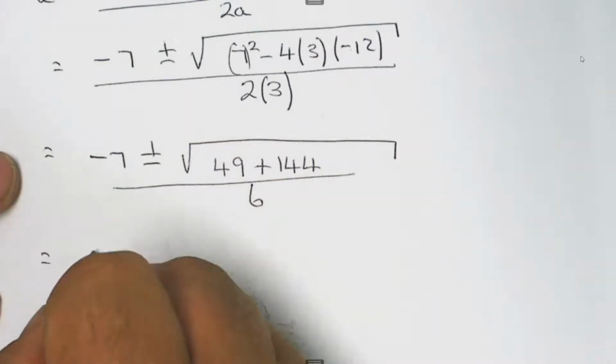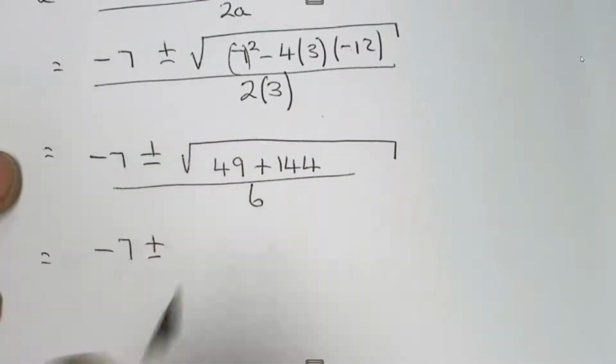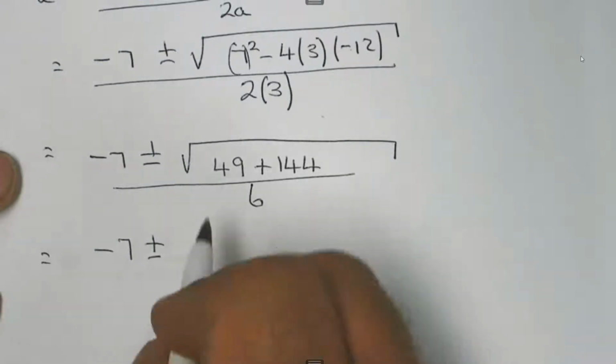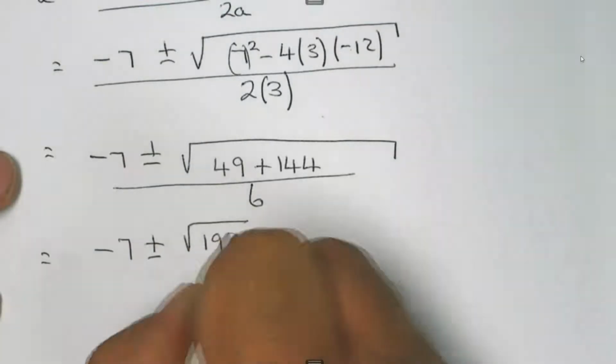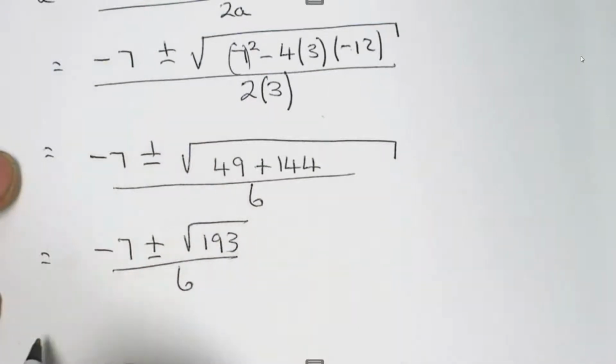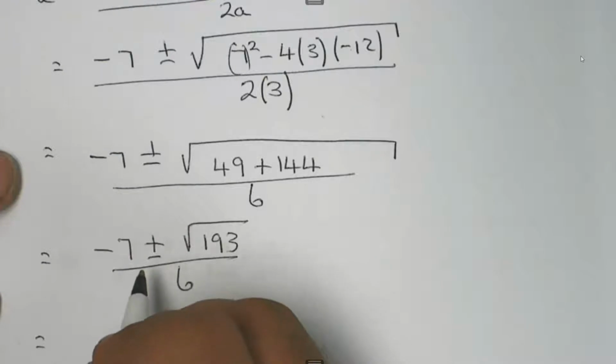So it becomes negative 7 plus minus 144 plus 49 equals 193. So it becomes the square root of 193 over 6. So now we can say it is negative 7 plus the square root of 193 equals, divided by 6 equals 1,15.